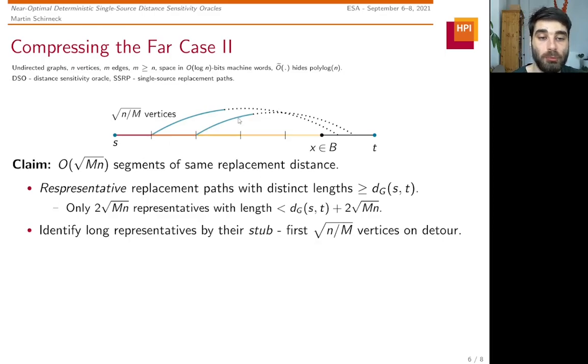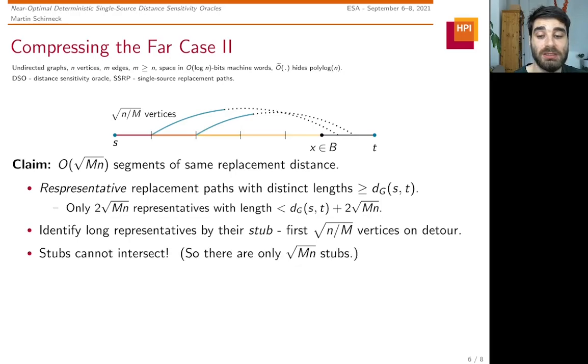So this blue part of the detour, and we claim that this part identifies the long representatives in the sense that these two stubs or any two stubs of long representatives cannot intersect. And if we have this, then there can only be square root of capital M times n stubs and so many long representatives. Why can they not intersect?